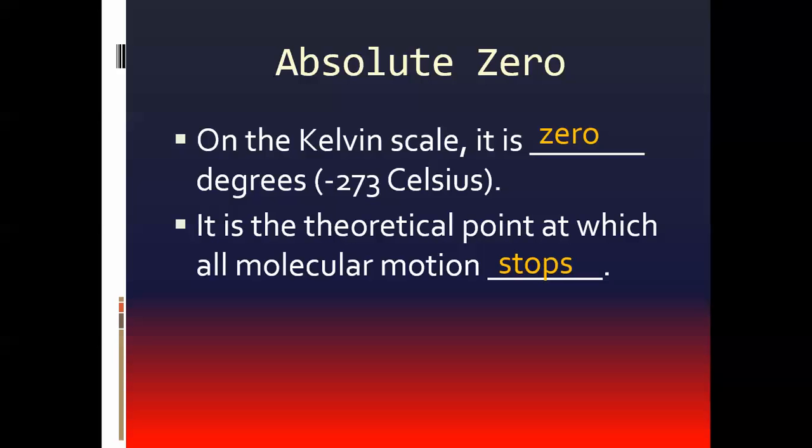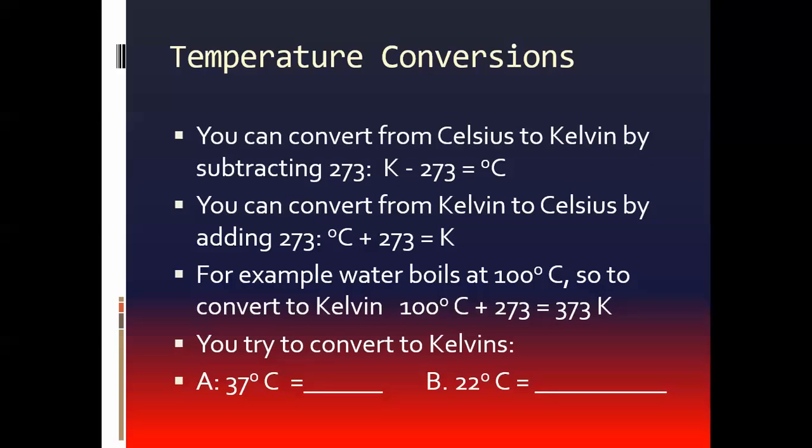So they've gotten very close to it, but they still can't seem to synthesize what it would be like to have absolutely any energy there. And that would be absolute zero. So that's why he came up with this temperature scale. Rather than saying absolute zero was negative 273 degrees Celsius, it was easier to say absolute zero is 0 kelvins, and that would be equal to negative 273 degrees Celsius.